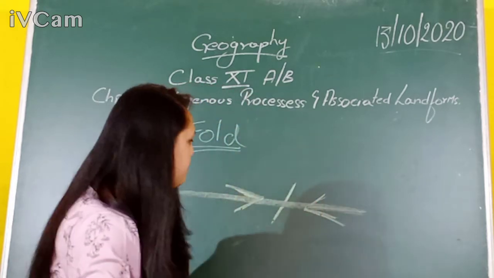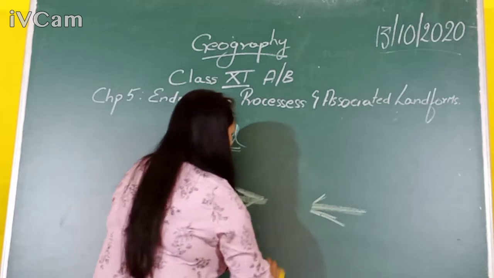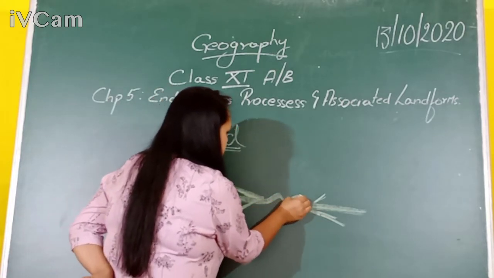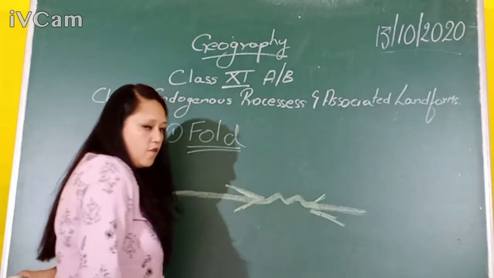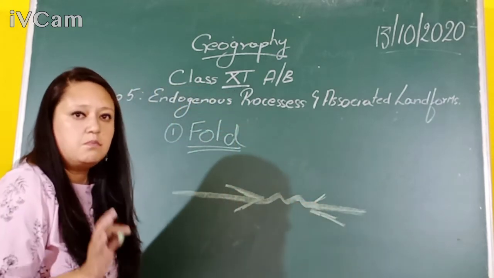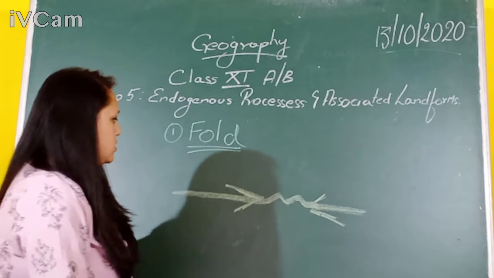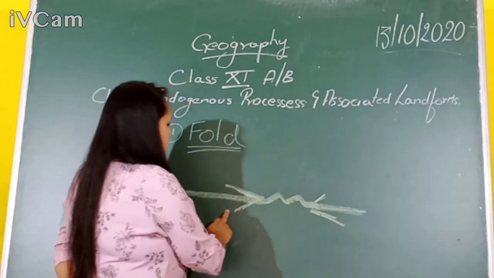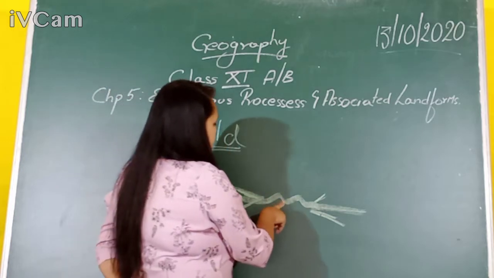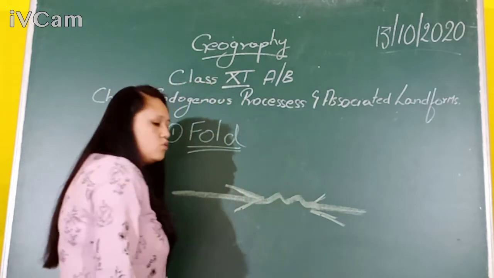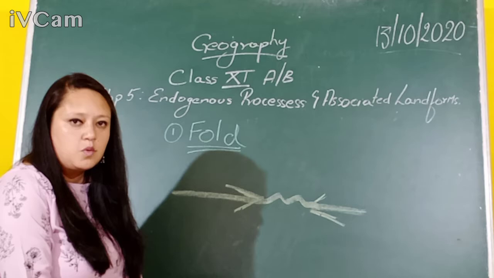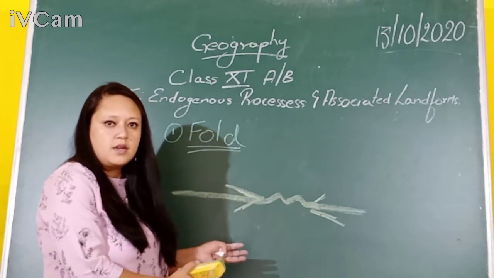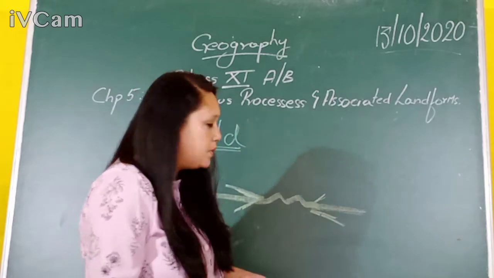So what happens here is, because of the force, some folds are formed. So any mountain which is formed because of the compression forces acting at the same point is known as a fold mountain.